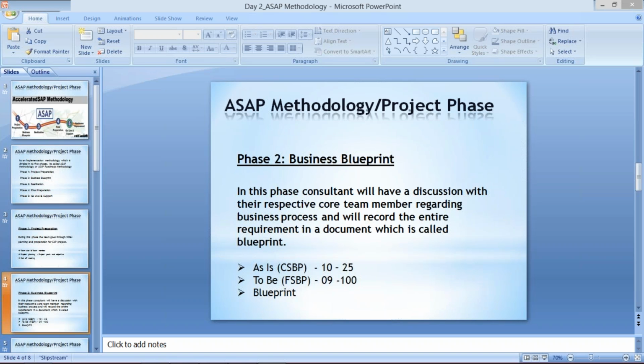Interaction is required to understand their business processes, what activities exactly they are doing in finance and accounts, how many processes are there, and whatever current ERPs they are using. It's not that we are going to learn anything about ERPs, but we need to understand their processes.